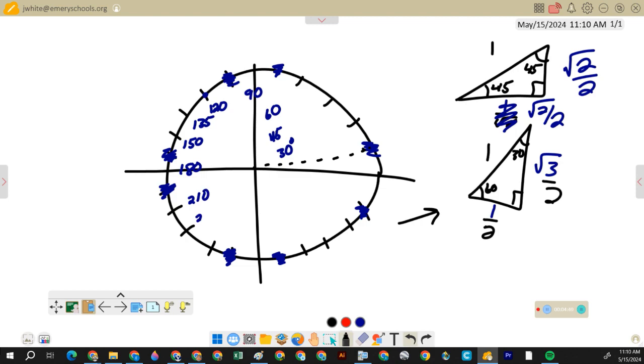So 210, 225, and 240. Don't forget the 270. And then 300, 315, 330, and then this one would be 360.